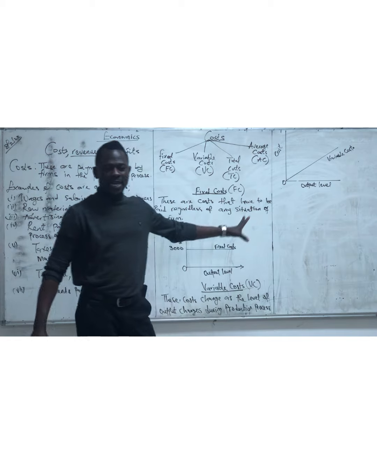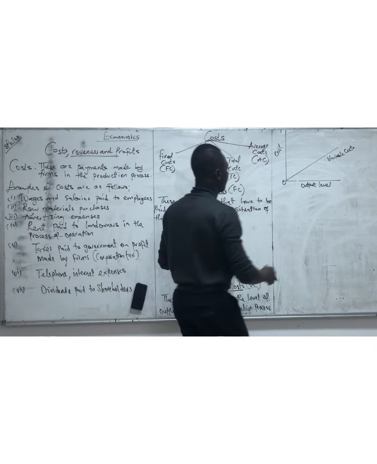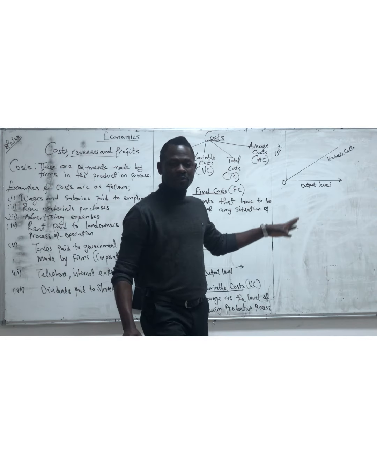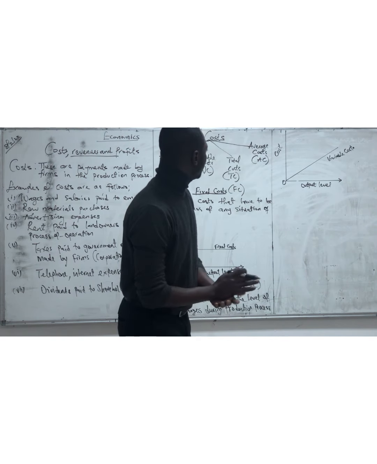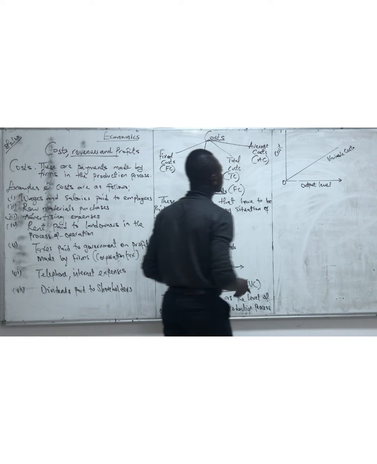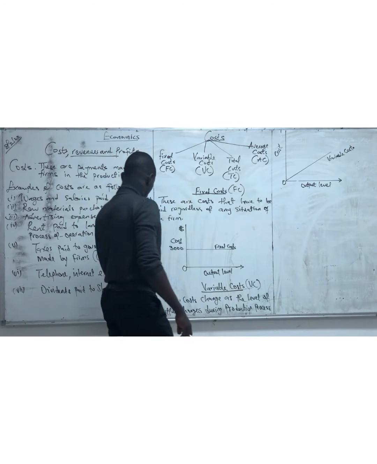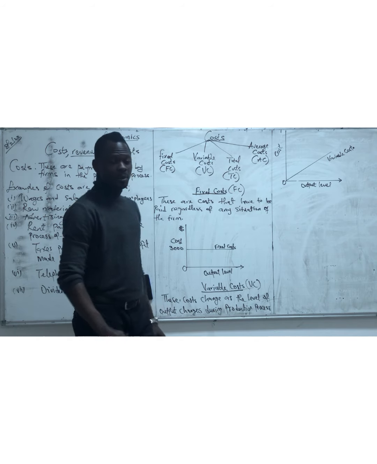So this is a variable cost. Is it clear? Alright, so it changes as the level of output changes. Do you have any question for now?